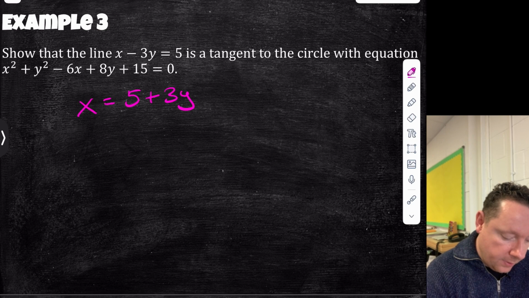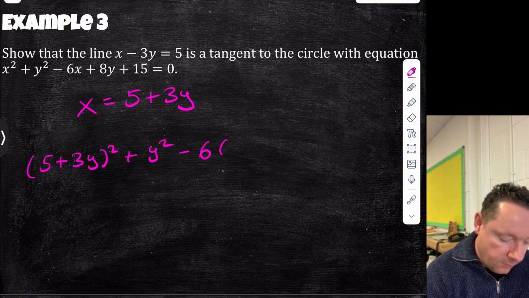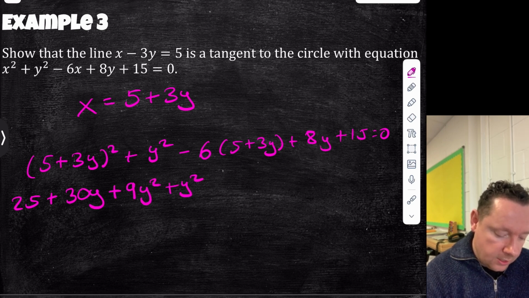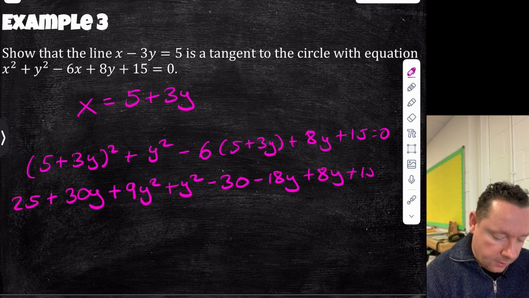So x squared becomes (5 plus 3y) all squared, plus y squared, minus 6 times (5 plus 3y), because that's x, plus 8y plus 15 equals 0. So in the brackets, we've got 25 plus 3 fives is 15, times 2 is 30y. 3 threes is 9, so 9y squared plus y squared. 6 fives is minus 30. 6 threes is minus 18y, 8y, and 15.